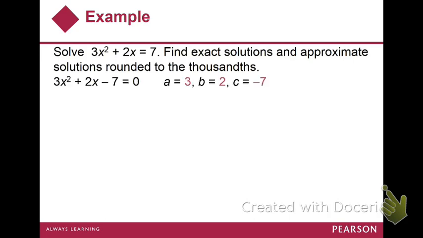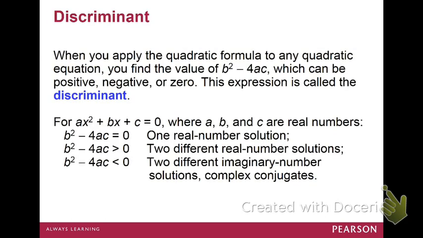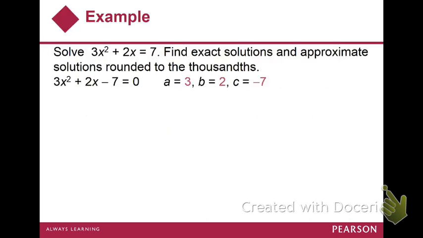The last way to do this, of course, is graphing, using the graphing calculator. And I do just want to touch on the discriminant for a minute. I'm going to go back to the other page, because when we were working this out using the quadratic formula, we had to do the square root of b squared minus 4ac.